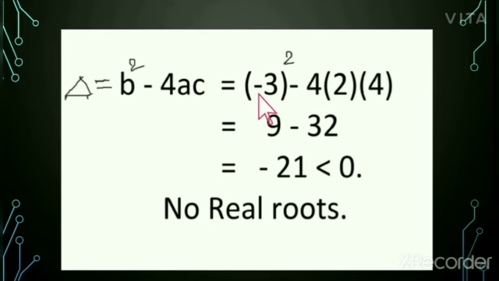So that equals minus 3 whole square minus 4 into 2 into 4, that equals 9 minus 32, that equals minus 23. It is less than 0. So the quadratic equation has no real roots because the discriminant value is less than 0.